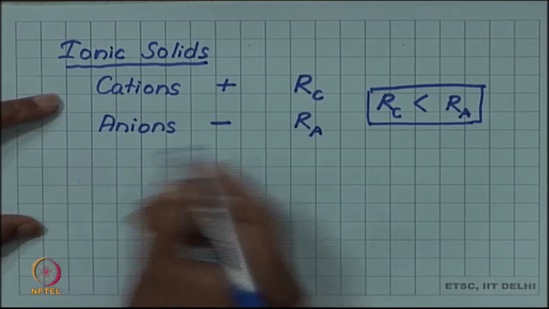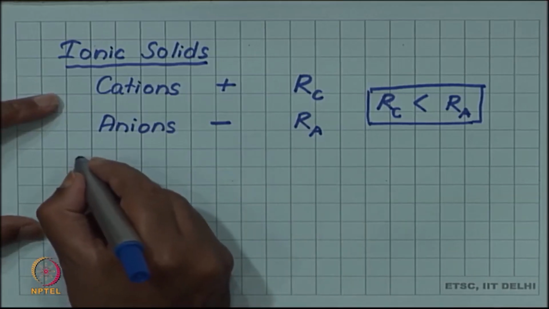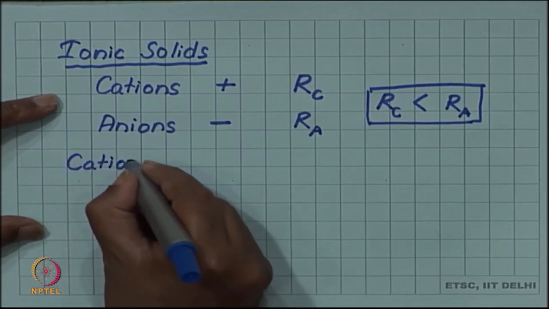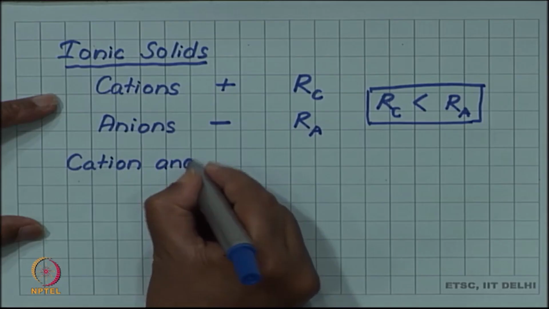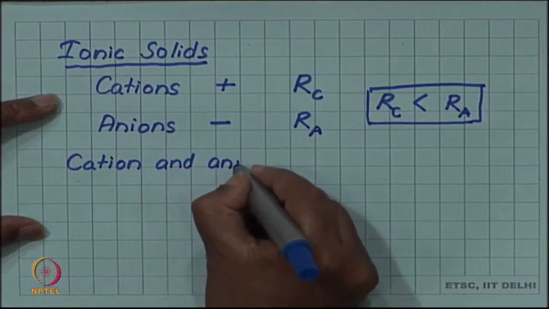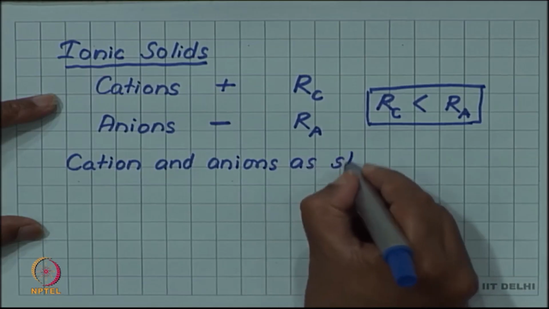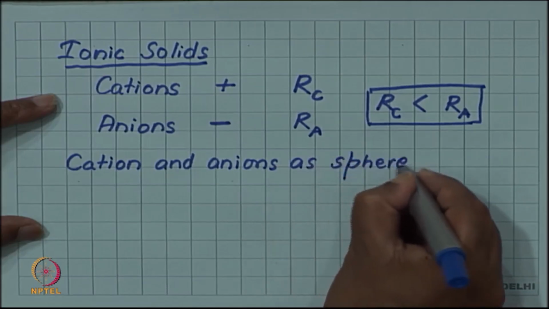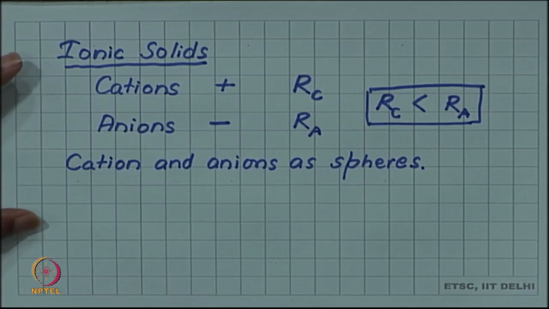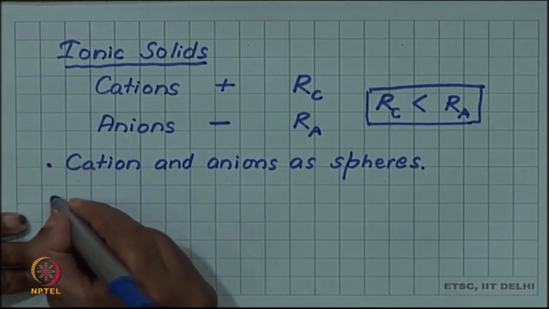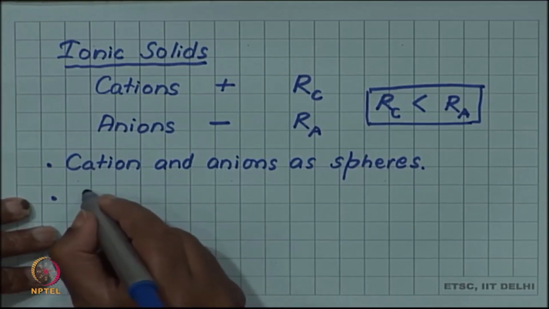We can again model cations and anions as spheres. Also, there will be electrostatic attraction between cation and anion.